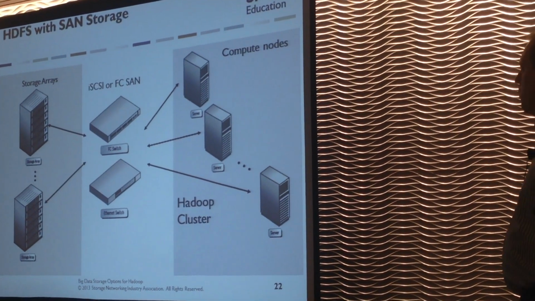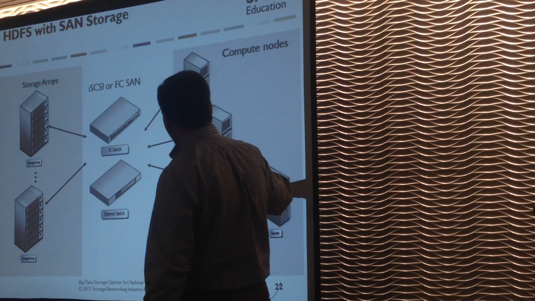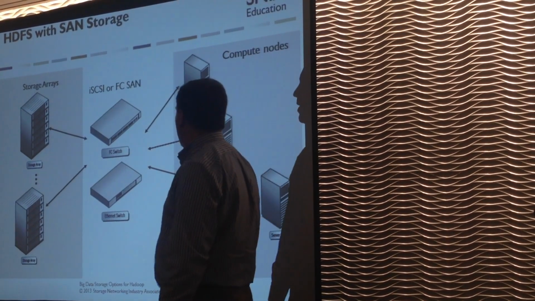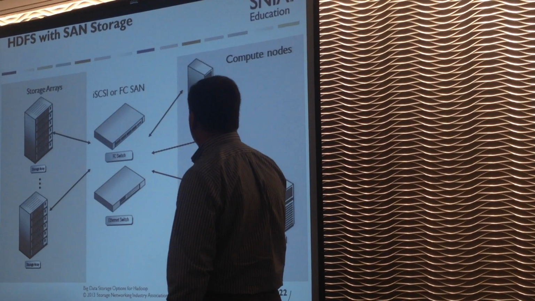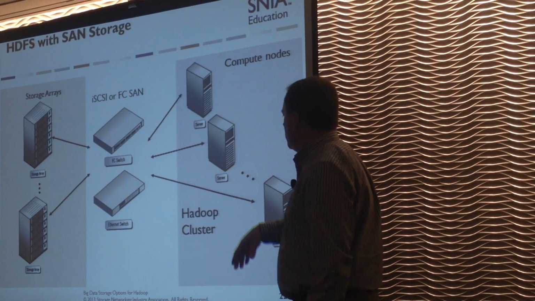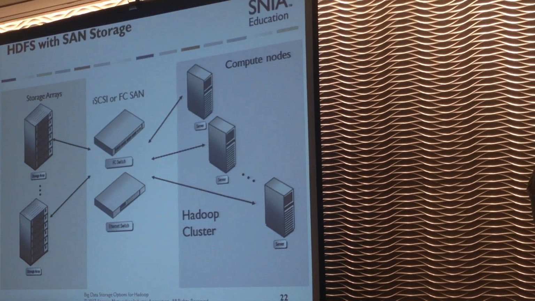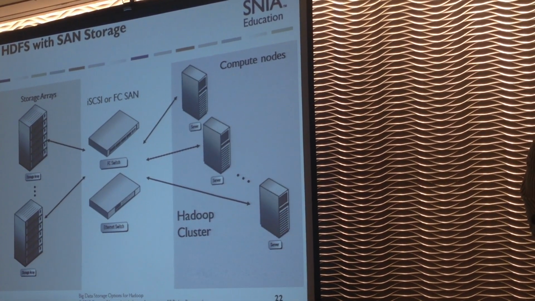So in this case, what I'm saying is you take the Hadoop cluster, you attach it through iSCSI or Fibre Channel or any other array network to an array, but to the nodes themselves, it all still looks like direct attached storage to Hadoop.